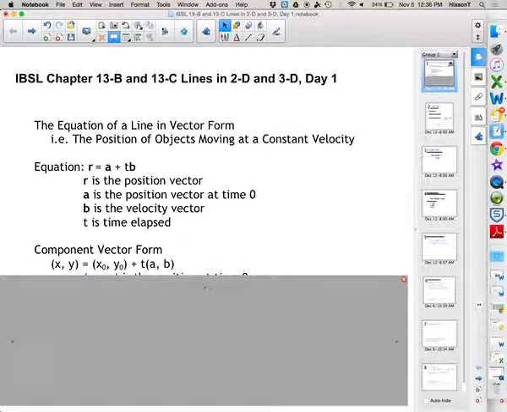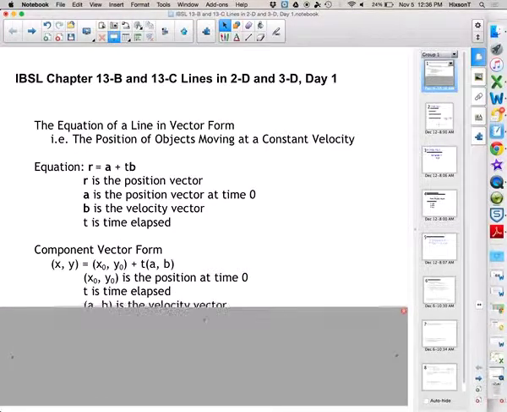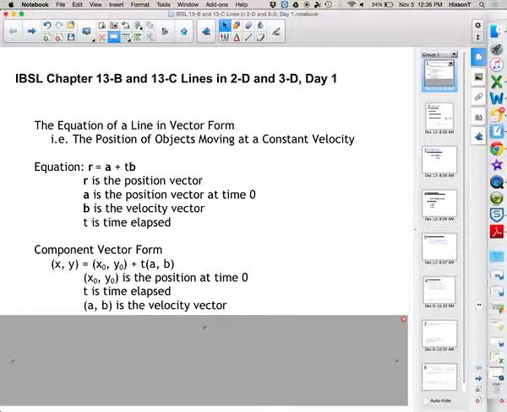Our position XY, or XYZ if we're in 3 dimensions, is going to be X sub naught, Y sub naught, that's our horizontal and vertical position at time 0, plus T times this velocity vector AB. X sub naught, Y sub naught is the position at time 0, T is our time, and AB is the velocity vector.